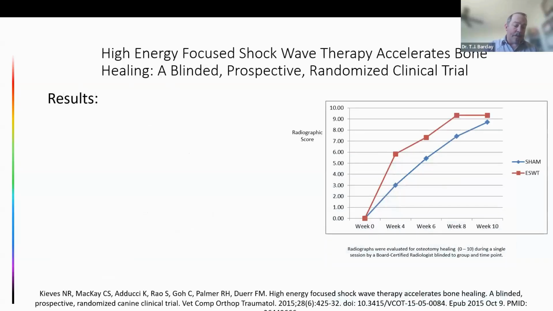So this was a really nice study done at Colorado State University, looking at healing of the osteotomy site in dogs that had received a TPLO. This was a two-part study, with an initial phase with a small group of dogs, and then it moved on into phase two and evaluated them at just a single time point, but enrolled a larger number of dogs.